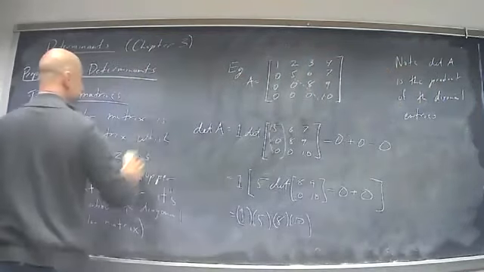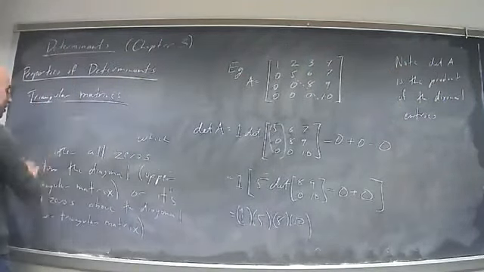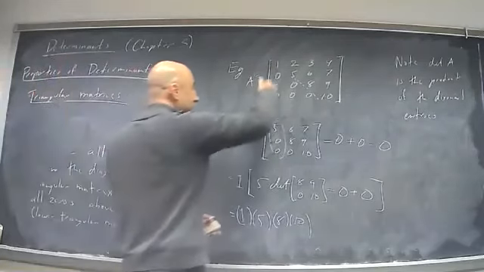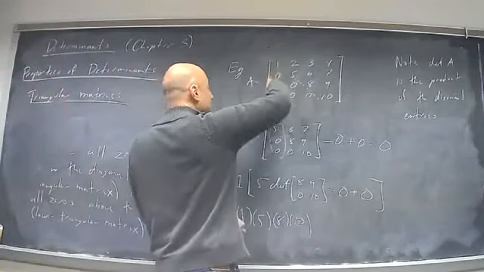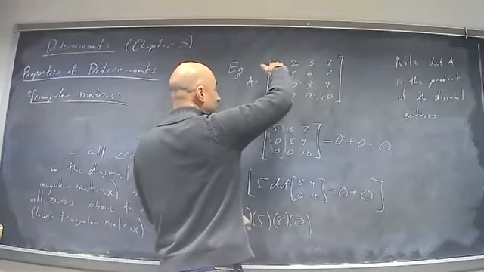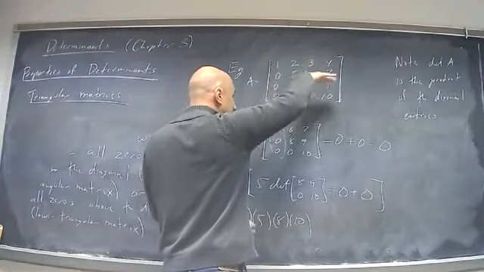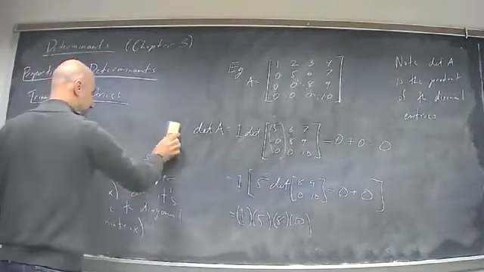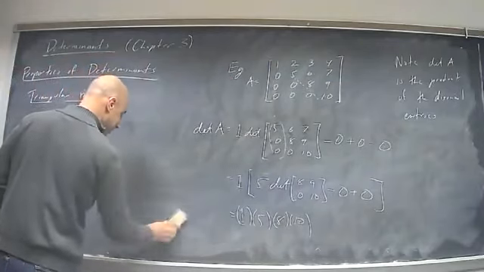And that's true of any triangular matrix, for exactly the same reason. We could just keep going down. If it's an upper triangular matrix, we could just keep going down the first column every single time. Or if it's a lower triangular matrix, we can just keep going across the first row every single time. And we're going to end up with most of it disappearing in zeros.